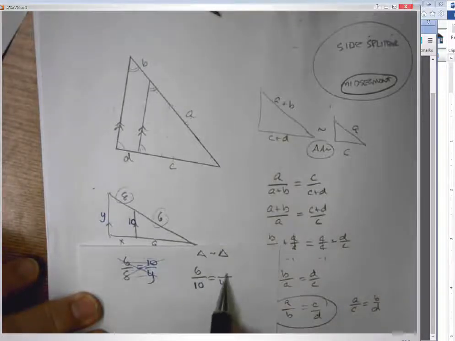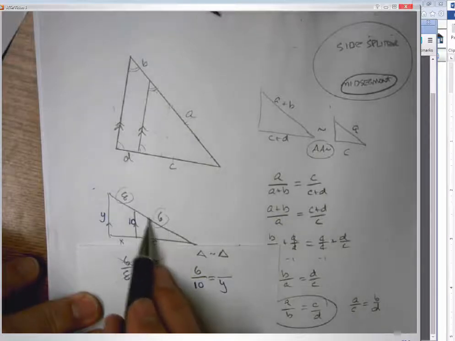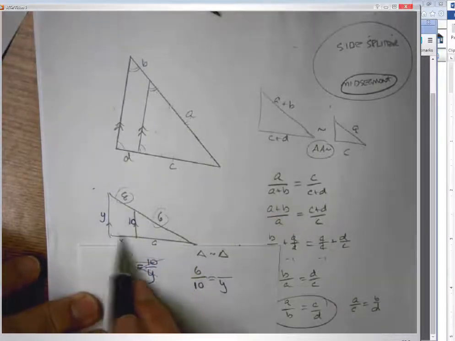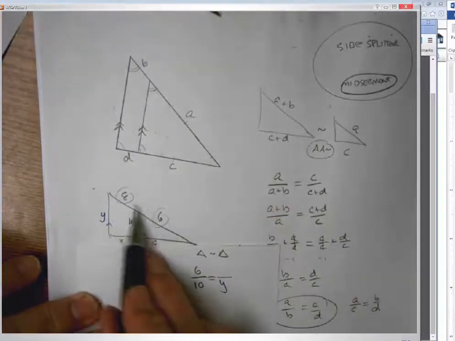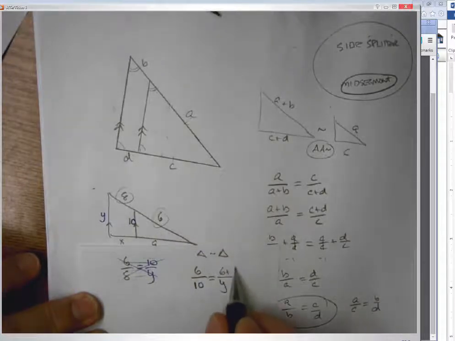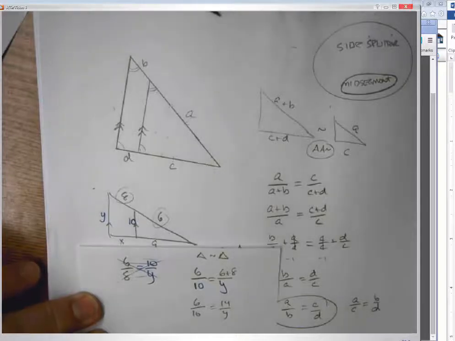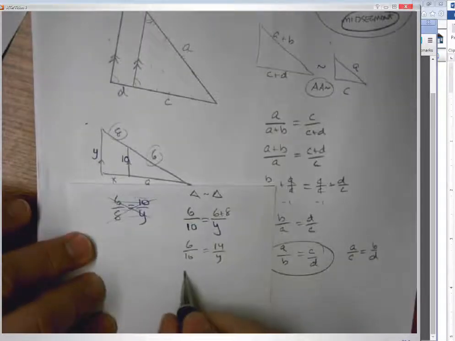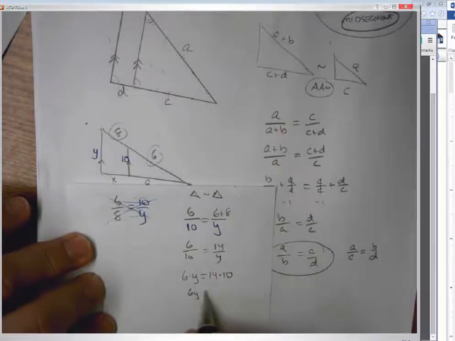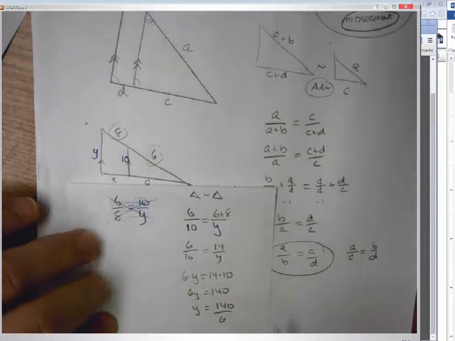But what is my corresponding part to 6? 6 is this whole length, so in my big triangle, that side should be the whole length of 6 plus 8. And I should be able to solve that. So 6 times y is equal to 14 times 10. 6y is equal to 140. y is equal to 140 divided by 6.